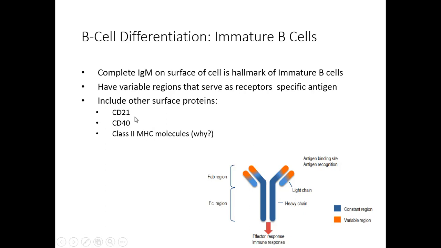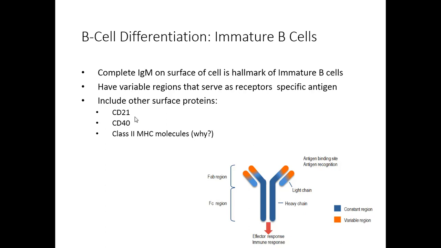But CD21 has a purpose that we're going to see in a few minutes. We're going to talk about cytokines in another chapter. I can't remember where it is, 15 maybe? I've lost track. But CD21 really is promoting contact between B cells and antigens.